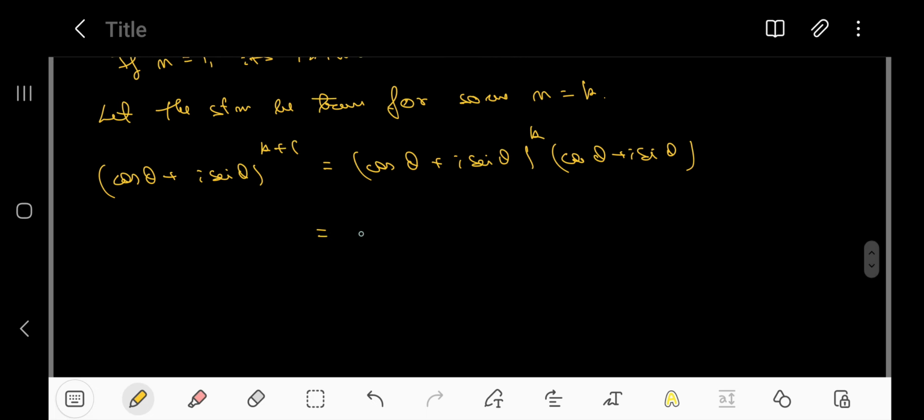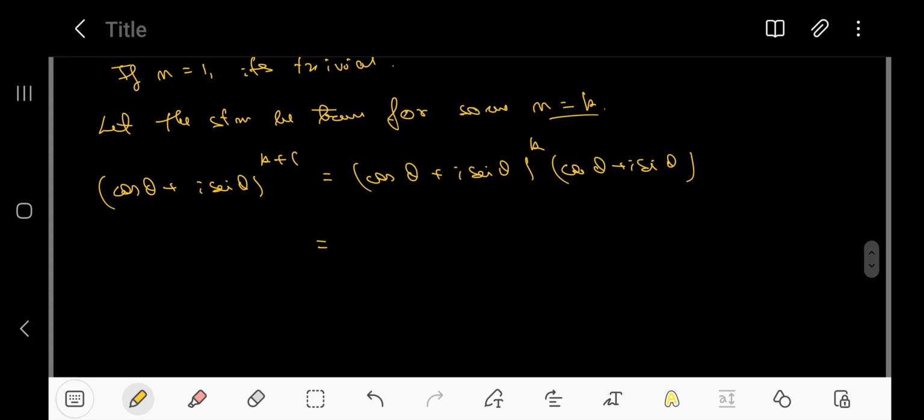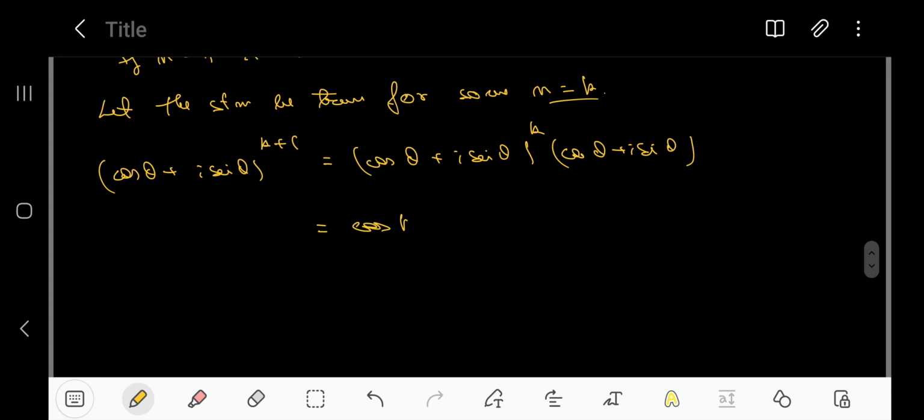Now from the induction hypothesis that it is true for n equals k, this is basically (cos k theta plus i sin k theta) times (cos theta plus i sin theta).